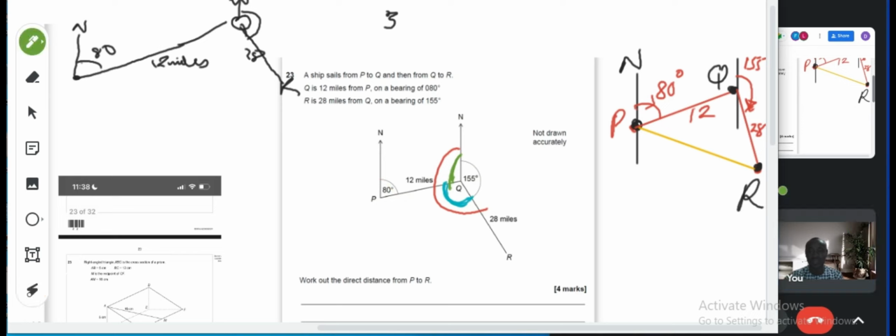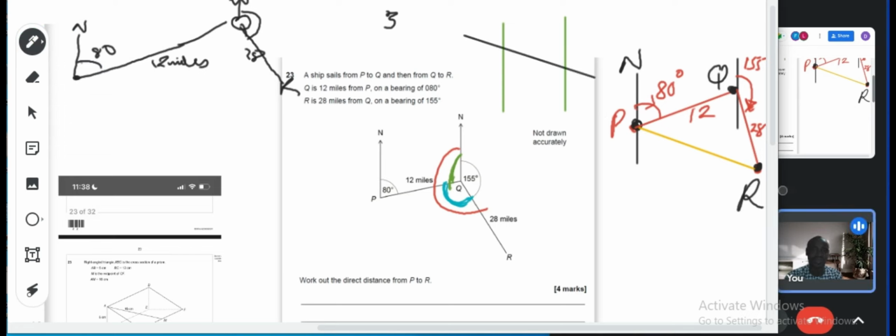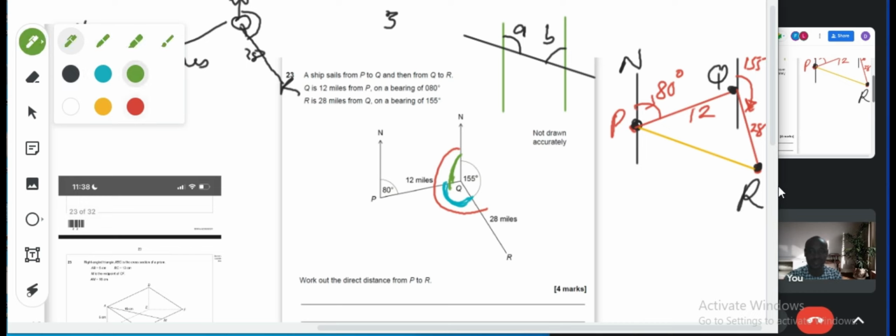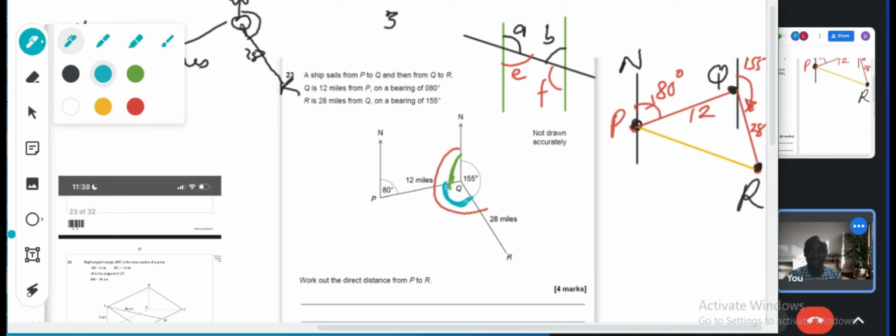I think I need to illustrate that in detail. So it'd be 155 take away 100. Yes, cool. Which is just a simple illustration. If this is A, this is B, and then you have E and F. A plus B is 180, right?